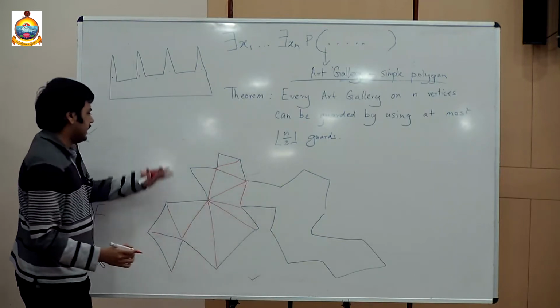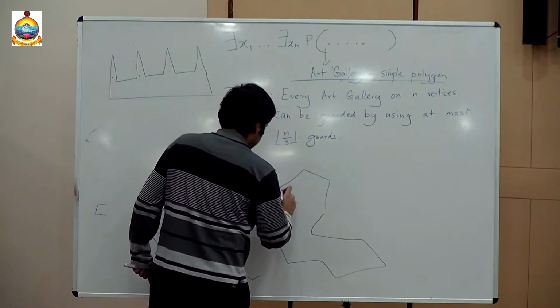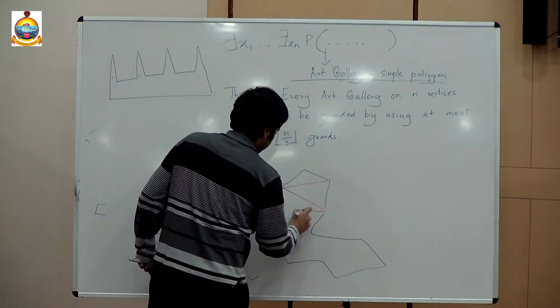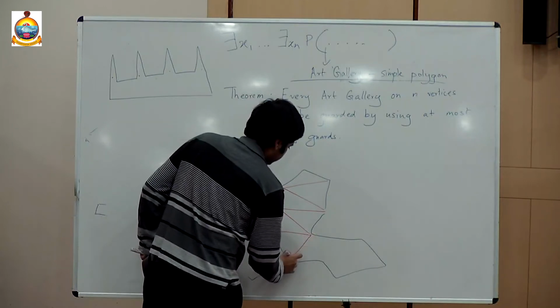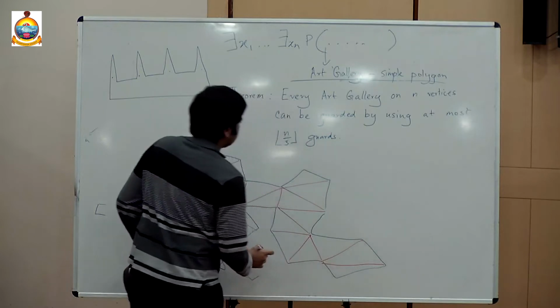You can triangulate it in any way, because you are proving sufficiency.